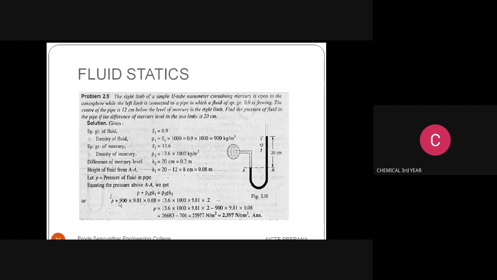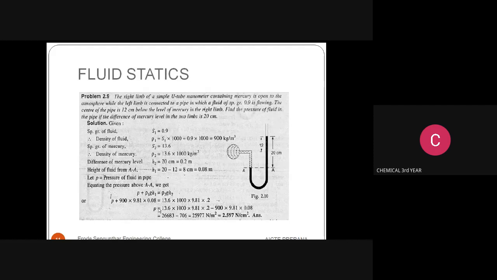So P plus rho 1 is 900 into 9.81 into H1 is 0.08. So that is the height of the fluid from the section AA. So it is equal to rho 2, 13.6 into 1000 into 9.81 into H2, the difference in mercury level, that is H2, 0.2.